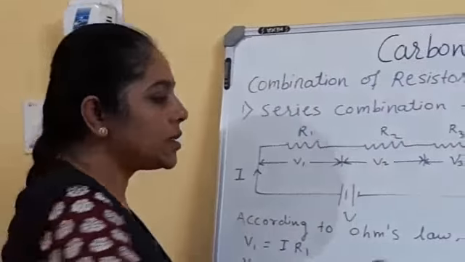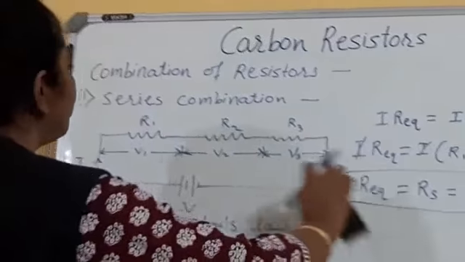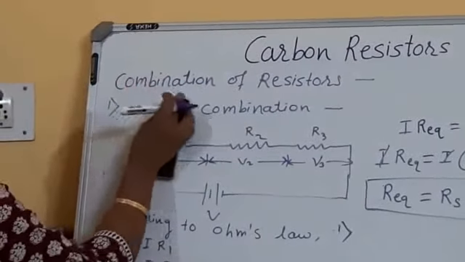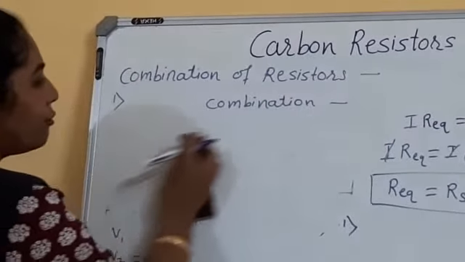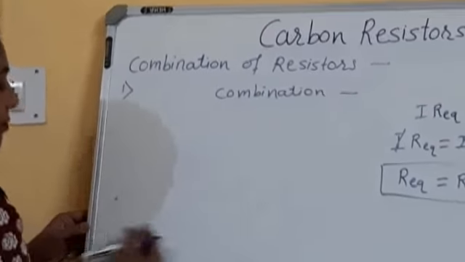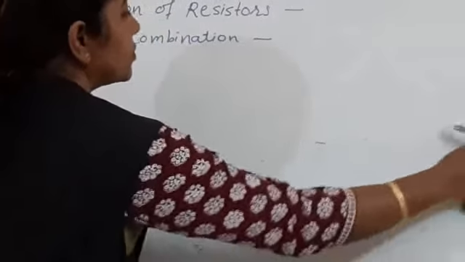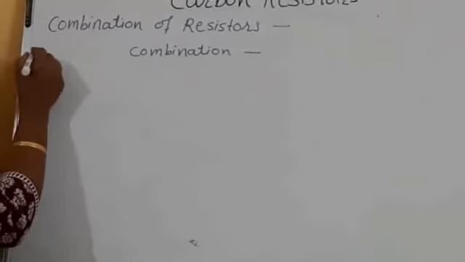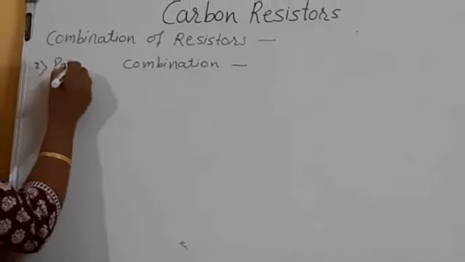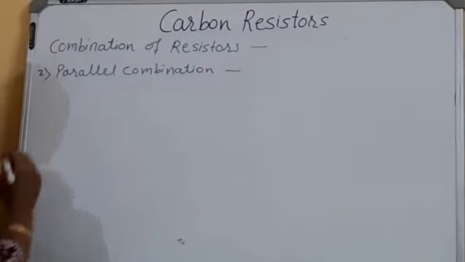Now we will discuss the parallel combination. So give the heading: parallel combination of resistors. Again, n number of resistors you can connect here in parallel.